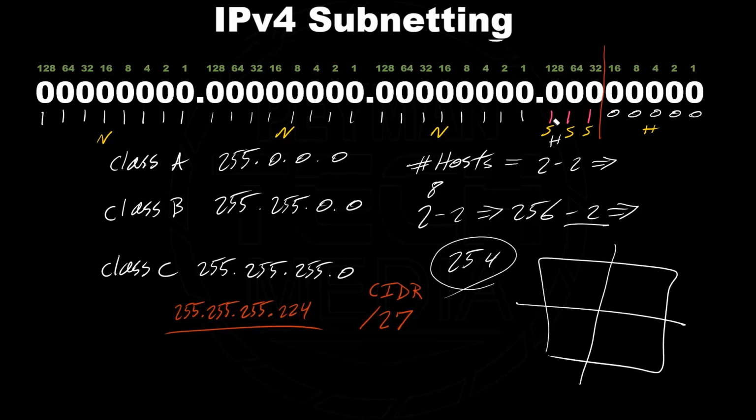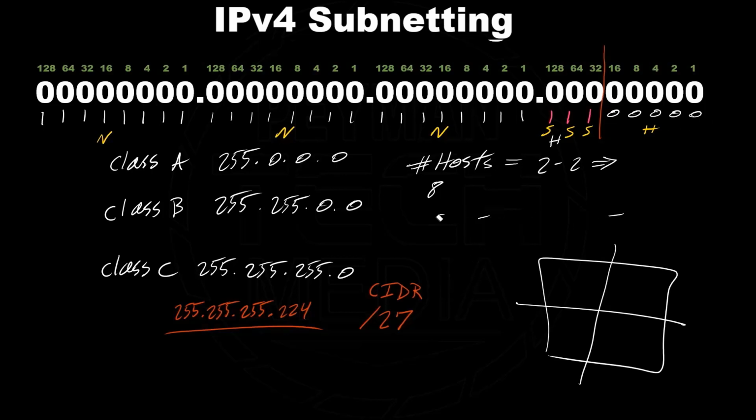Let's see. By borrowing these 3 bits, therefore we will have only 1, 2, 3, 4, 5 bits left for the host bits. So let's erase all this. So we have 2 to the power of host bits. How many host bits do we have now? Zeros represent the host bits, ones represent the network bits, right?